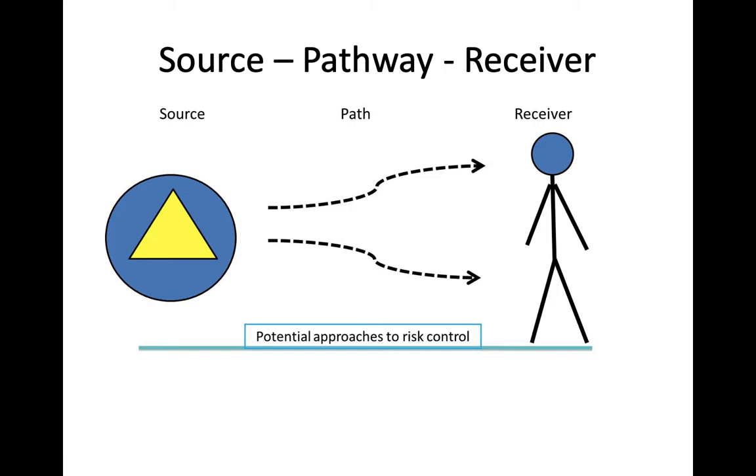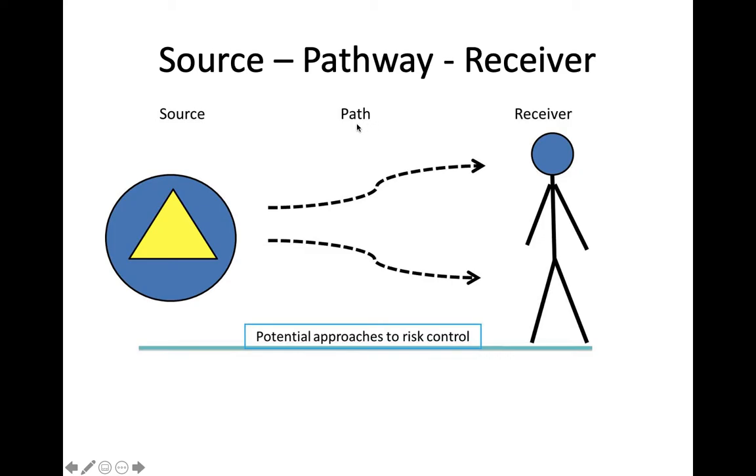So when you think of the hierarchies of control in terms of the source, pathway, and receiver, you can think of implementing a hazard control at the exact source of the substance or situation that a person could be exposed to.